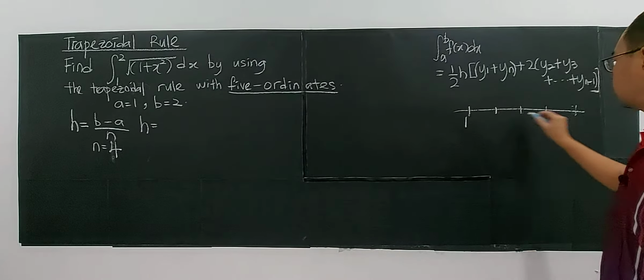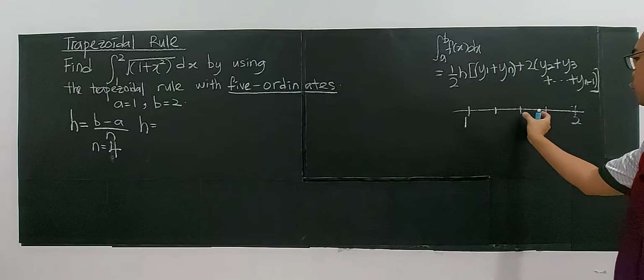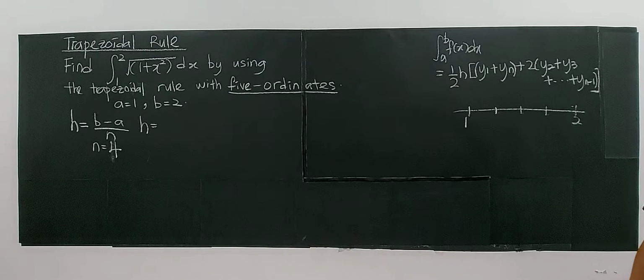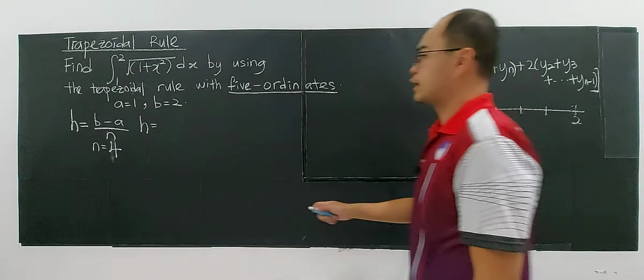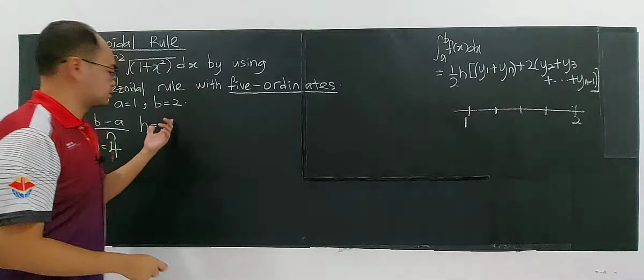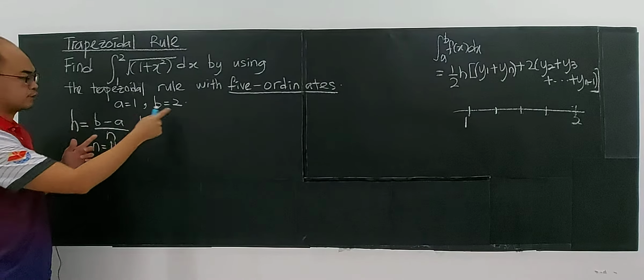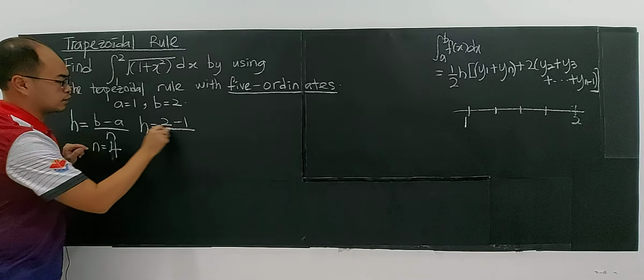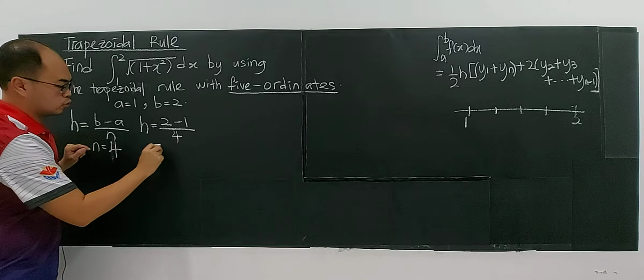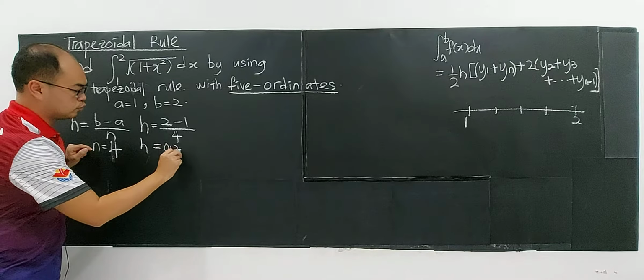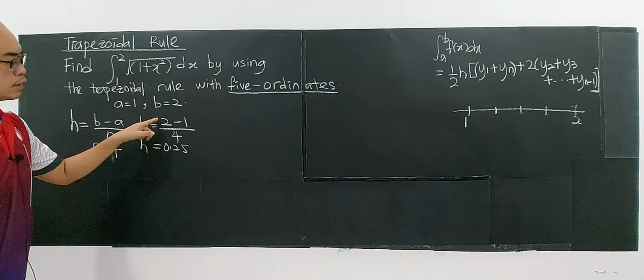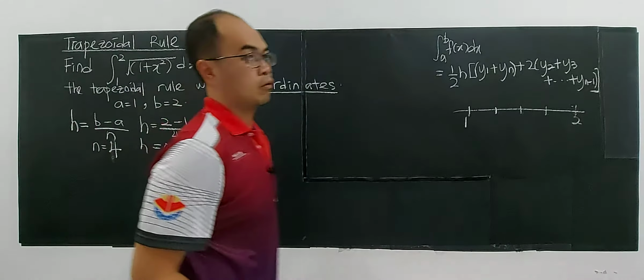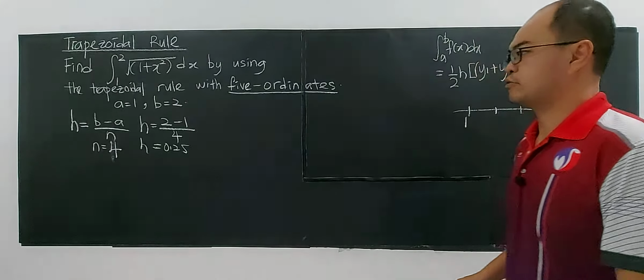It means that from 1 to 2, we divide into 4 equally spaced parts. For example, you take 2 minus 1, divided by 4, and you get 0.25, or 1/4.